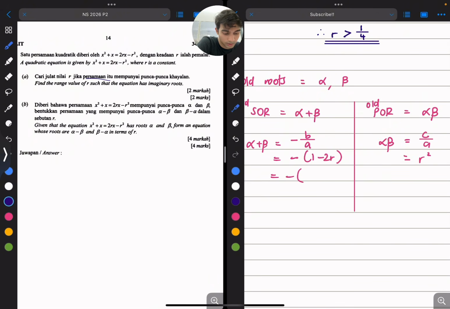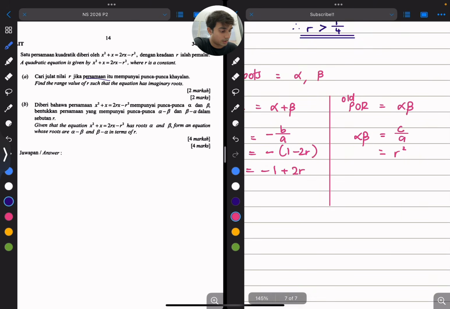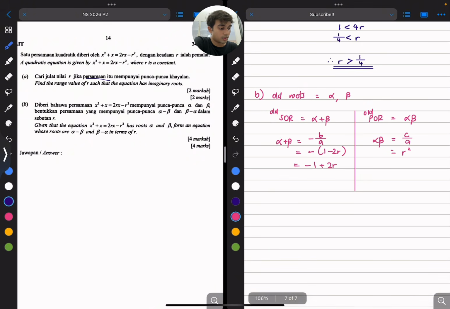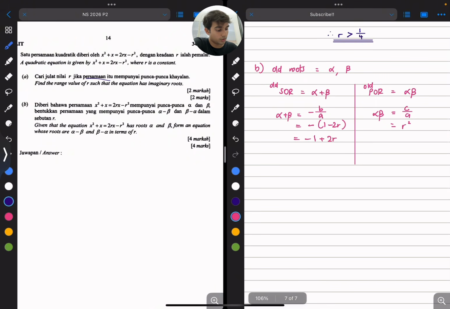No, wait. r is a range, so you can't use this. But memang they ask in terms of r lah, so just leave it in terms of r lah then. So we expand this, we get negative 1 plus 2r. This is just r square. Okay. Right. Now we do our new SOR.